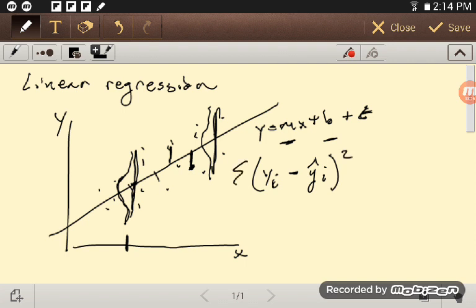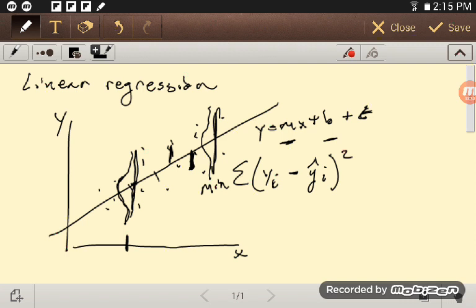It sums it up for each one of these, and it minimizes that sum. So it tries to find the m and the b that will minimize this sum of squares of the deviations, and that's all it does.